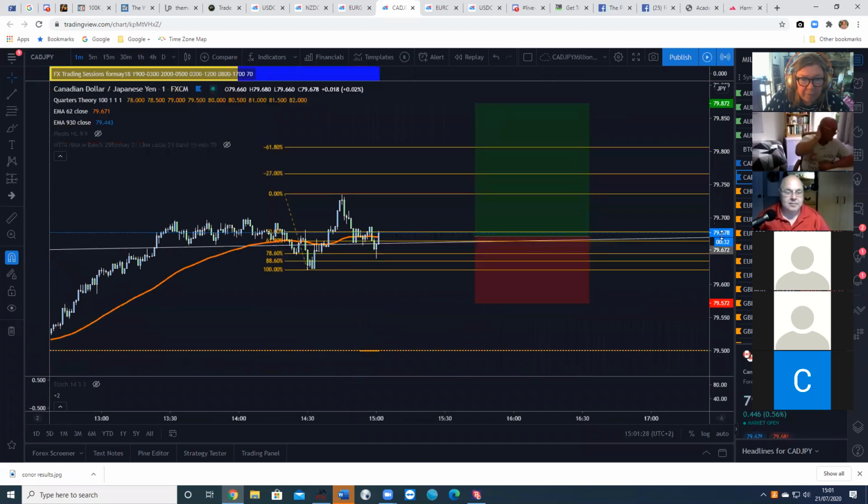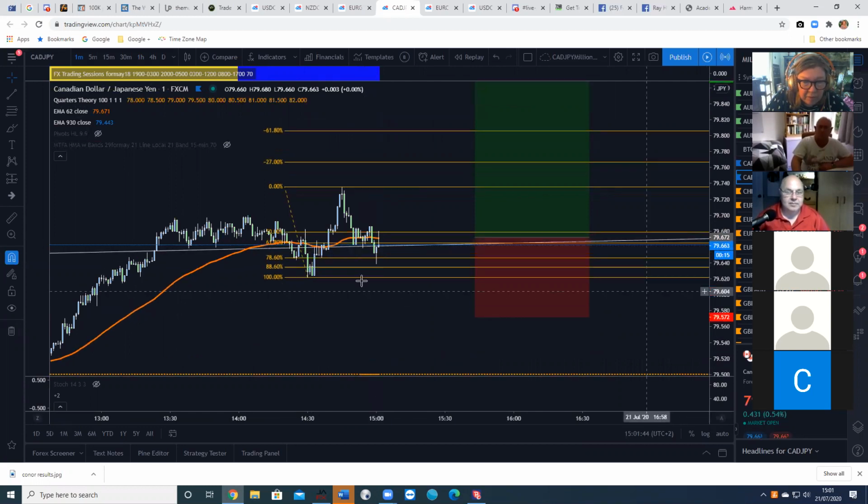Right, that is coming up now. So we have got the 62 and the pitchfork in our red box, stopping us from being taken out. It did drop down though off that 61, but it was hourly. It's got a not very pleasant wick there, but hopefully it'll carry on working its way up.